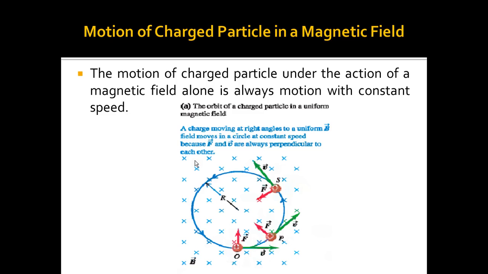Or for example, if you're seeing this as a printed copy, and this is supposed to be the whole page, the direction of the x's here, the direction of the magnetic field, points into the page.